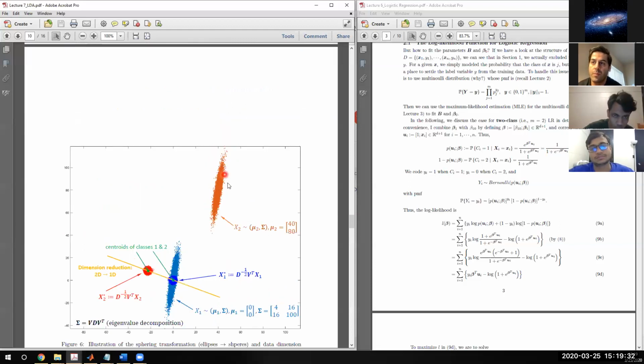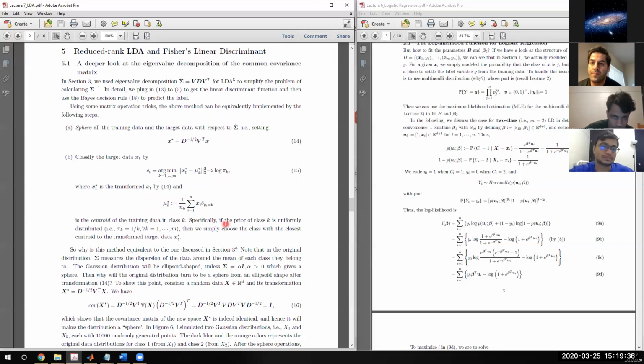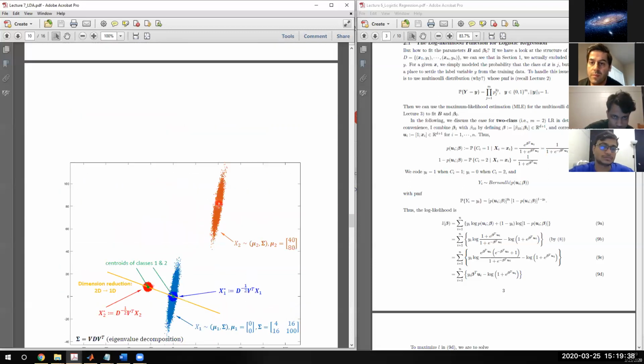Why ellipse? Because have a look at this structure for the normal distribution. I have a mu. Mu is kind of like the centroid here. And by the way, do you understand what is centroid? Centroid means the center, okay? The center of an ellipse, or let's say a circle or a sphere.